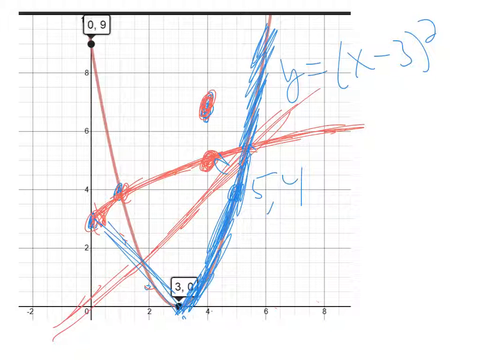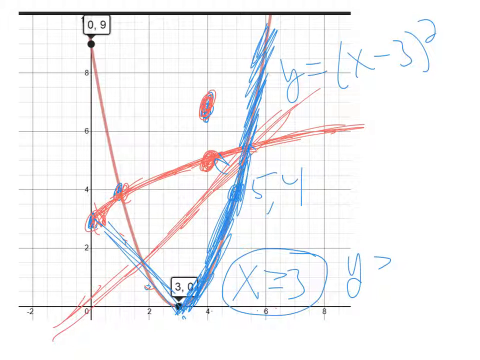So how do you limit the domain? Well, because I'm looking at this blue curve here, x has to be greater than or equal to 3. So that's going to be my domain restriction. Let's just approach this from numbers before we find the equation. If that's the domain, the range for the original function is y greater than or equal to 0.